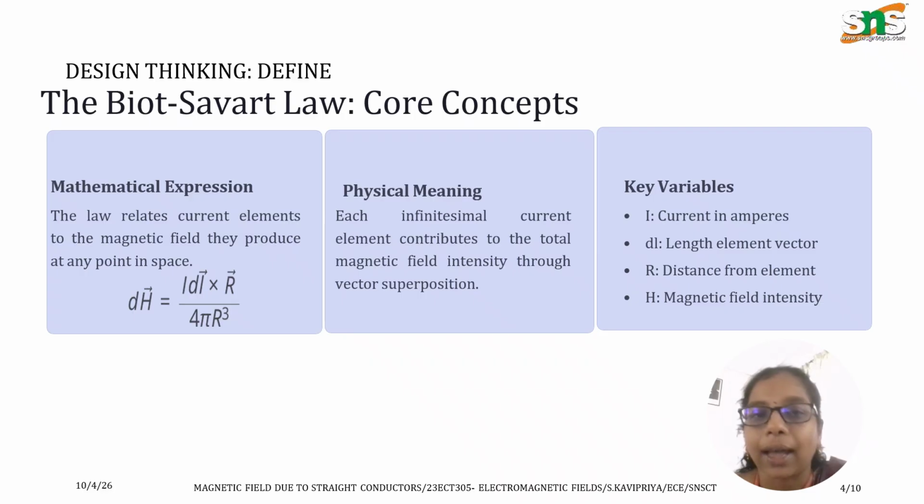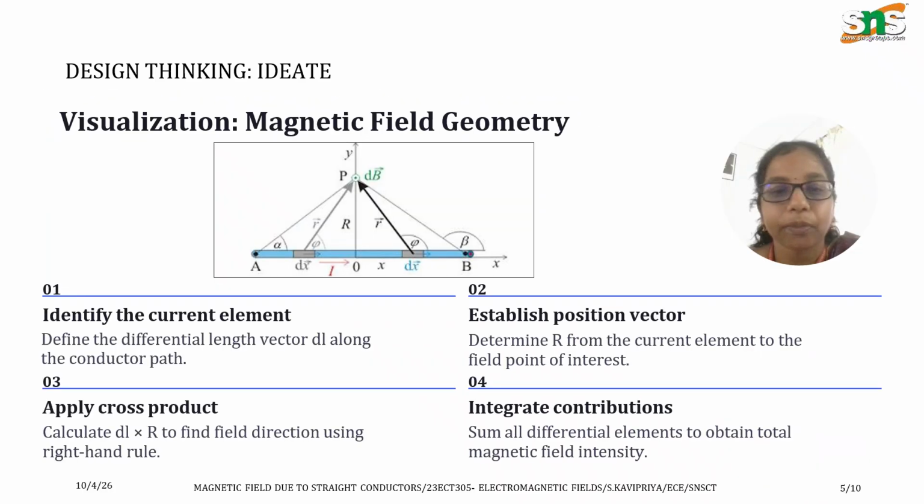According to this law, the magnetic field intensity is directly proportional to the current element and inversely proportional to the square of the distance, which means that each infinitesimal current element contributes to the magnetic field intensity. I is the current, dl is the length element vector which together form the current element, R is the distance and H is the magnetic field intensity.